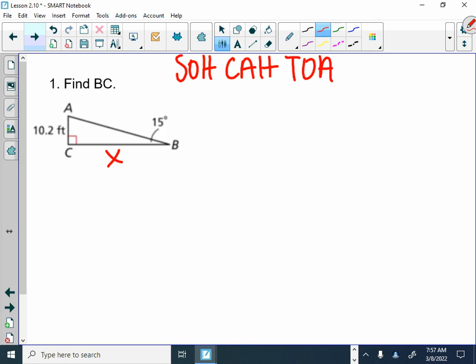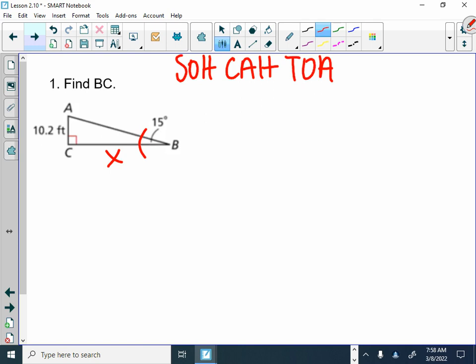So you need to decide, can I use sine, cosine, or tangent? Tangent, good. Okay, let me explain. You're focusing on this angle right here, yes? So you need to ask yourself, that 10.2, is it opposite, adjacent, or hypotenuse? It's opposite, okay? So which one does that automatically throw out?